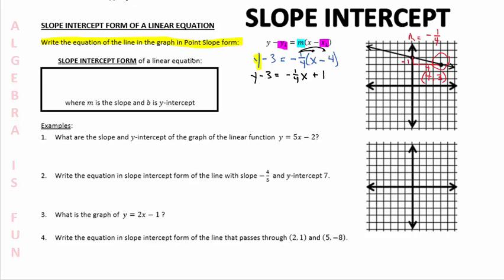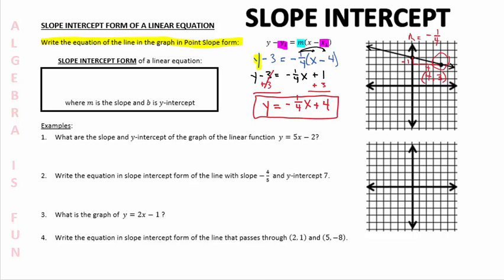My next step is to add 3 to both sides, plus 3 and plus 3. Those cancel and I get y equals negative 1/4 x plus 4. And that's the equation I get when I put that into y equals form.